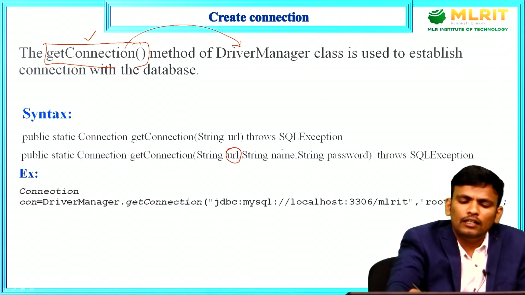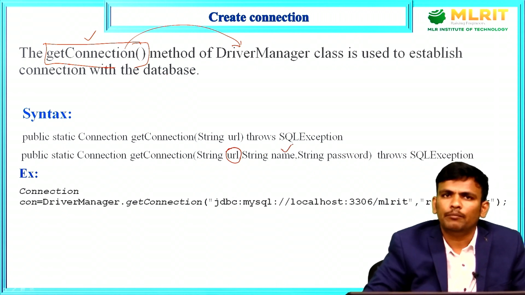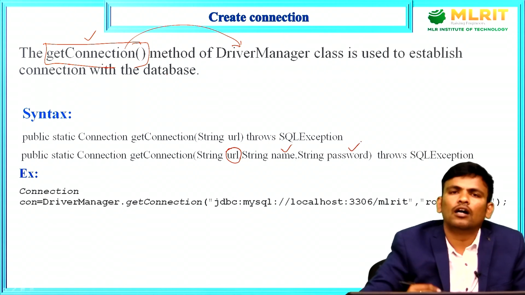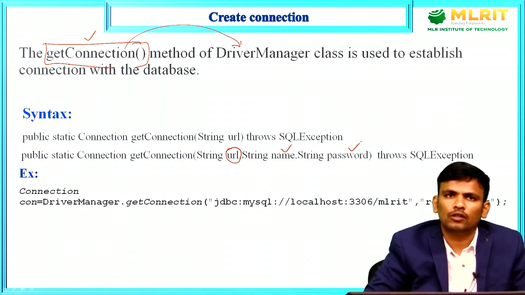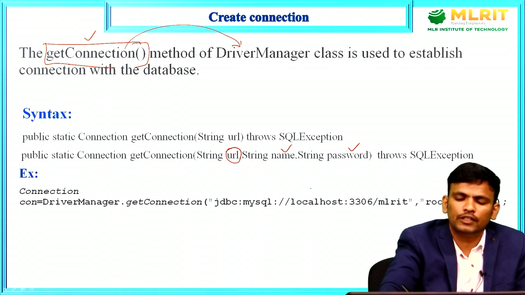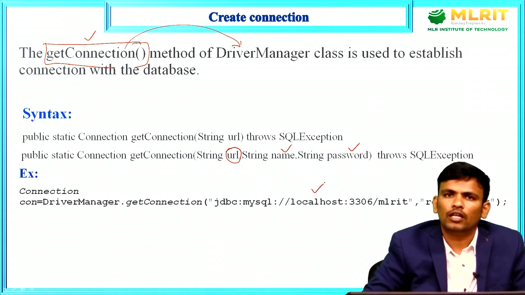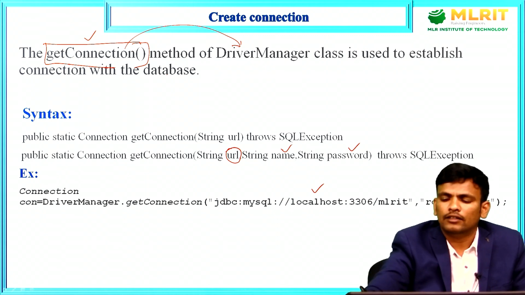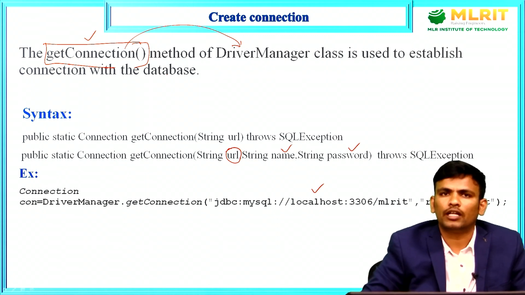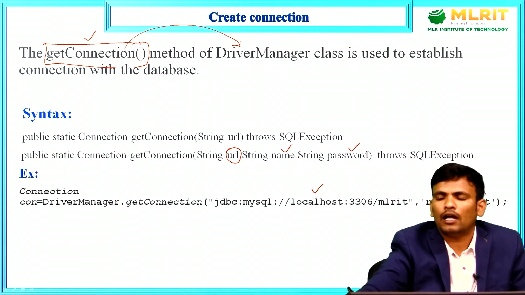The second one is your username, and the third parameter is a password. So 3 parameters we need to pass. The first one is your server URL, for example the MySQL server URL. Suppose if you are using Oracle, the Oracle related URL you need to pass. The next parameter is the username, and the next parameter is the password.